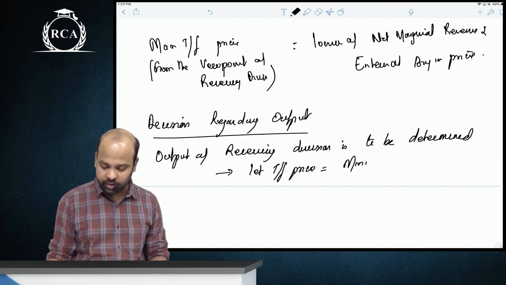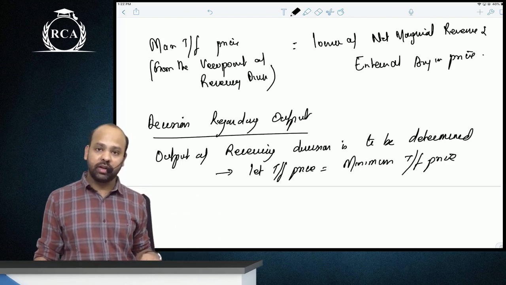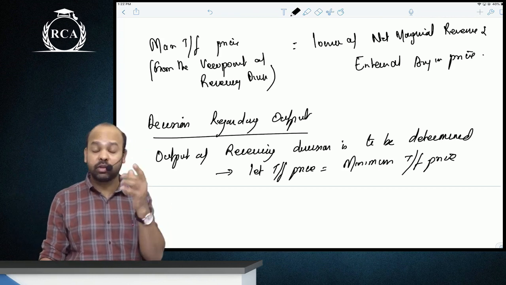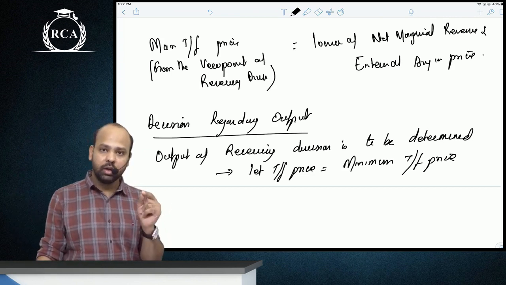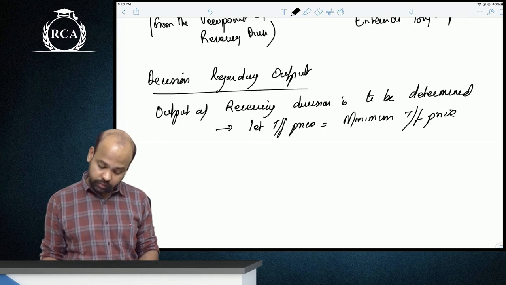That means you are recovering the opportunity cost of the transferring division as well. The receiving division has multiple options. For example, if you remember that question that came in Jan 2021, Alpha, Beta, there you were to determine how much Beta will sell. So we took variable cost.